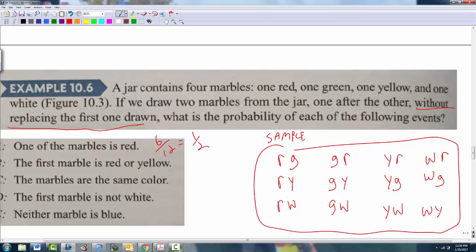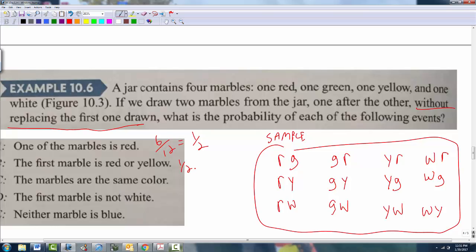First marble is red or yellow. When you see the whole sample space, you can look at them and just count how many there are. You'll find out the word or in probability means add, though, later. First marble is red or yellow: 1, 2, 3, 4, 5, 6. It's again 6/12, which is 1/2.